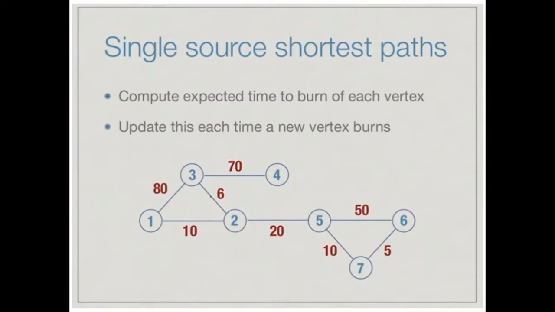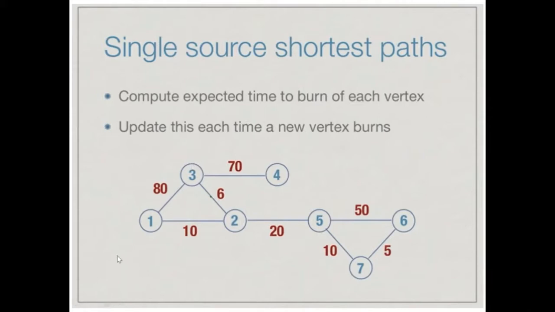Now next, let's try to do what we have already done. We'll try to compute the expected time to burn of each vertex and update this time each time a new vertex burns. So initially, algorithmically, we will assign the time to reach from vertex 1 to vertex 3, let's say, infinity, because we don't know how much time it will take.